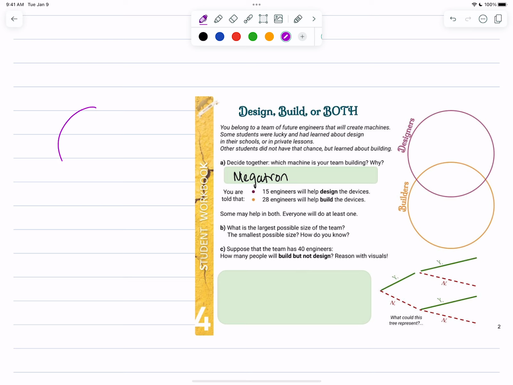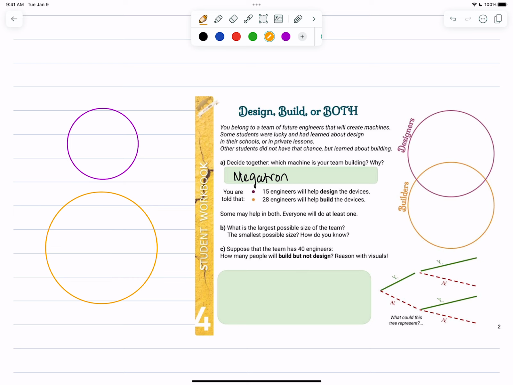So let's say I've got a purple circle for designers, and then an orange circle for engineers who build it. There's more builders than there are designers. If there's no overlap between them, so if there's just 28 and 15, that's probably going to be the biggest, and we get 28 plus 15, so 43.